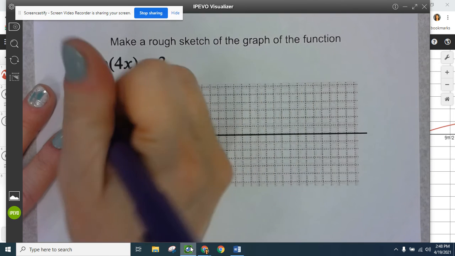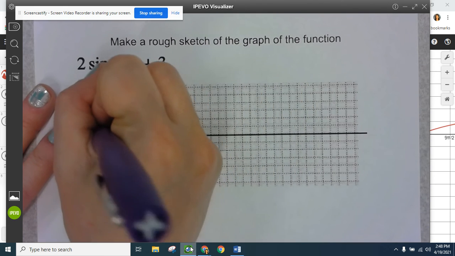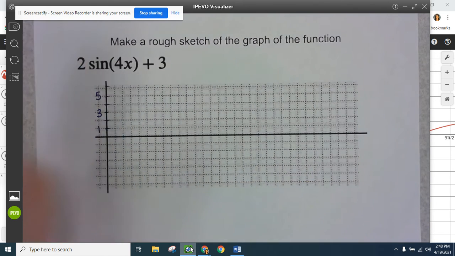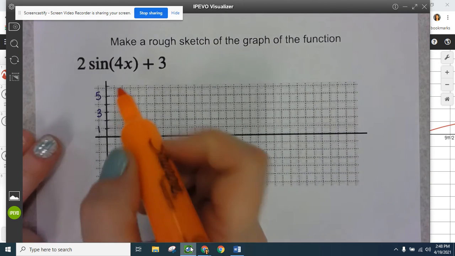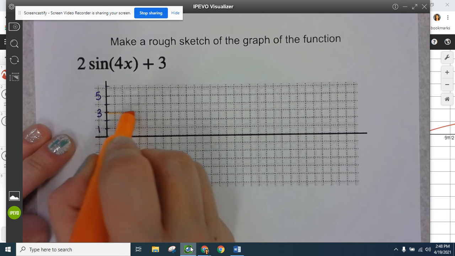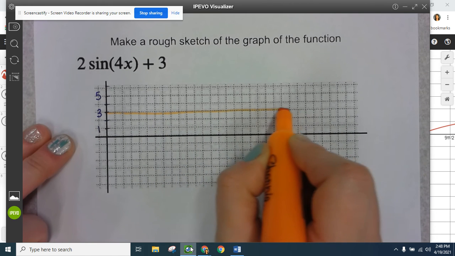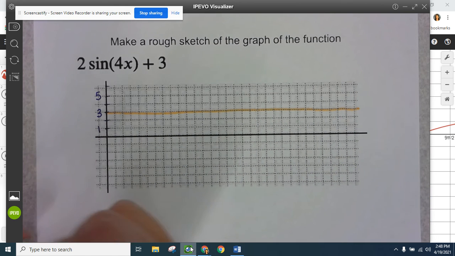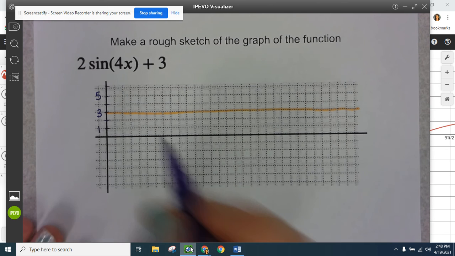Up 2 more from that is 5. Down 2 from that is 1. And if you're the kind of person that likes to document your thinking on here, that's fine. I am too. That is our midline. 5 is going to be our maximum. 1 is going to be our minimum.